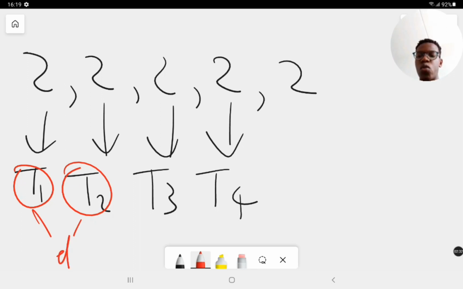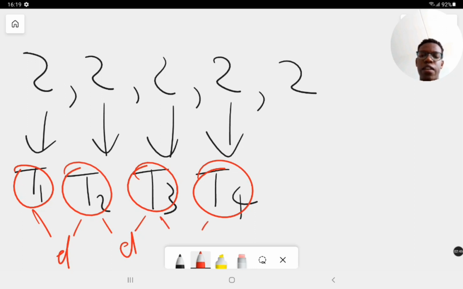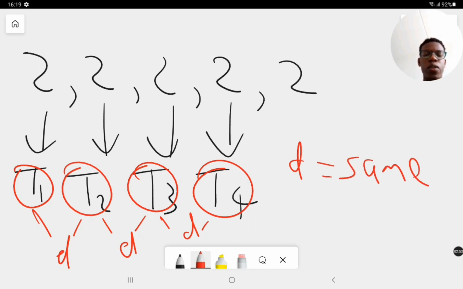And when you take the third term and subtract the second term, you get another difference. And when you take the fourth term and subtract the third term, you get another difference. Now, all these differences are the same. So for an arithmetic sequence, all the differences between these numbers are the same.